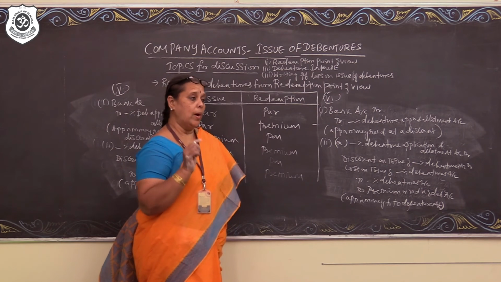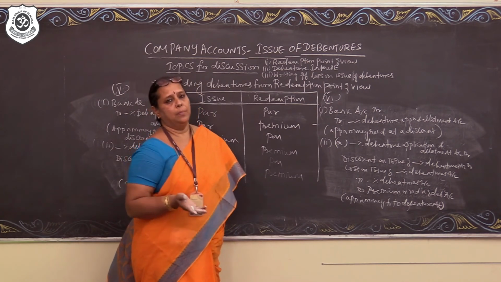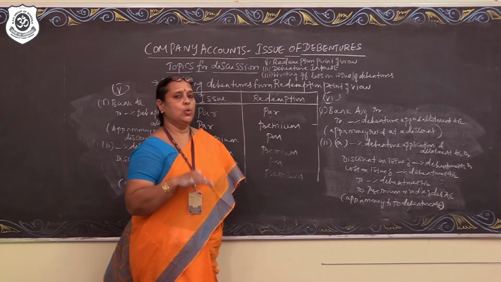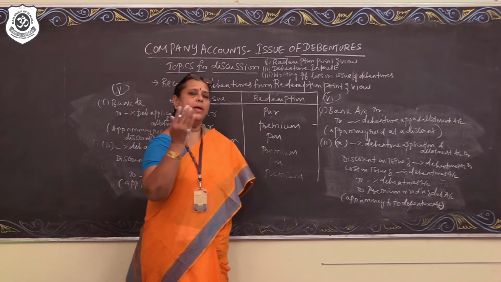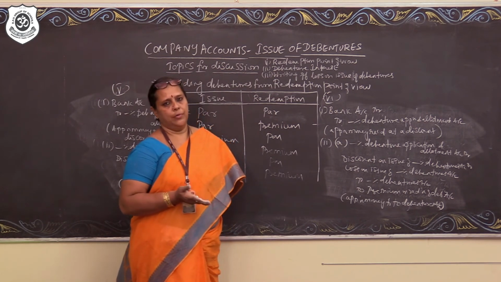This is case 1 method of dealing with discount on issue and premium on redemption. So we are creating separate account for discount on issue and separate account for premium on redemption. But anyway, both are loss to the company and both have same effects in the books of accounts also.